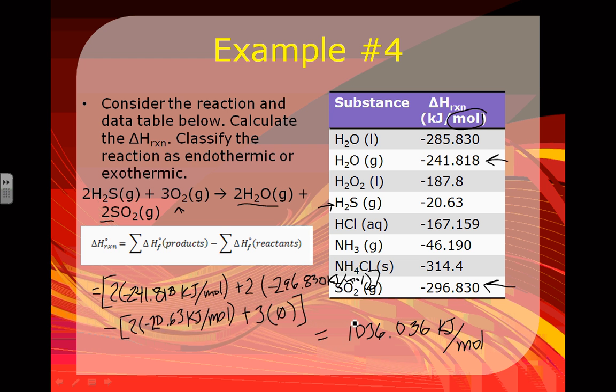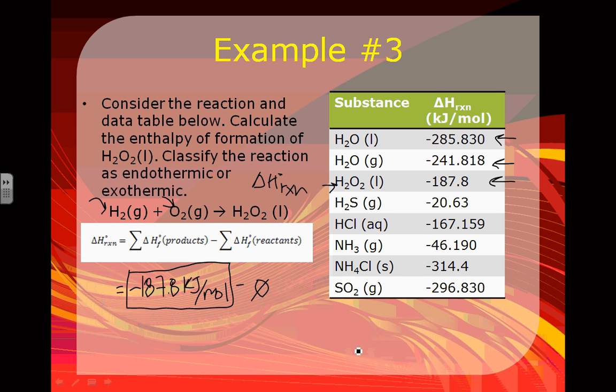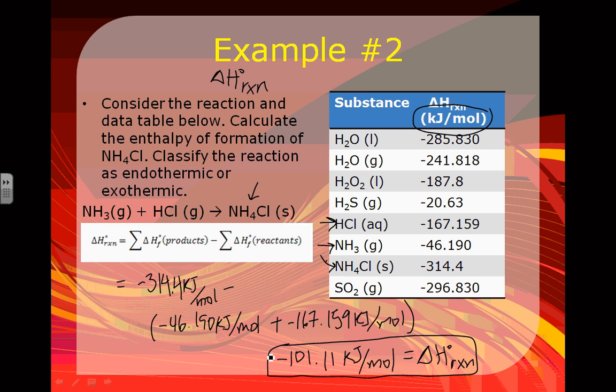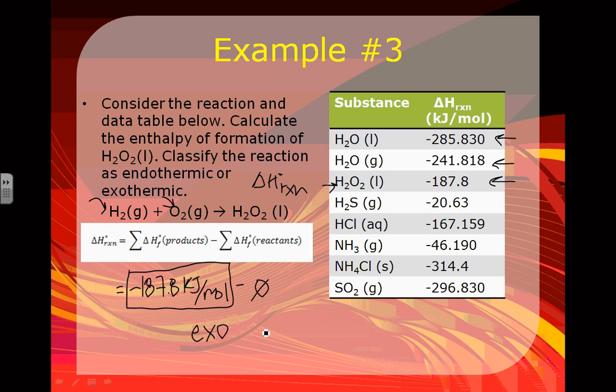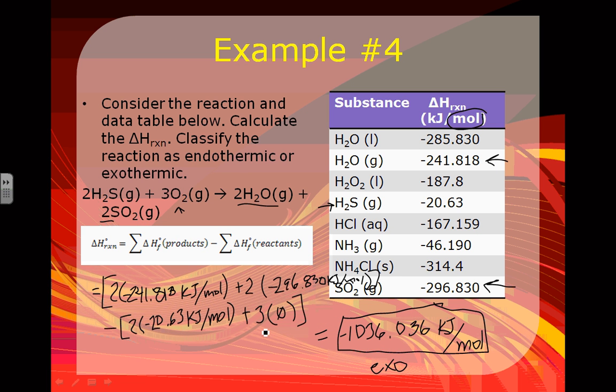Oops, this is supposed to be a negative number. That'll be the enthalpy of reaction. And of course, this is exothermic because it's negative. This is also exothermic, and this here is exothermic as well. So that was just a little introduction. We did 4 simple problems regarding enthalpy of reactions.